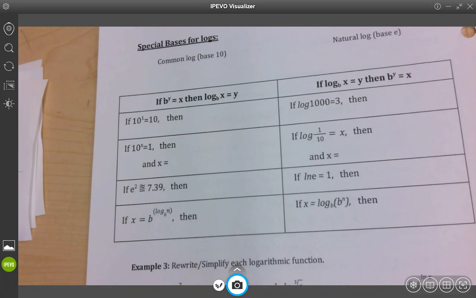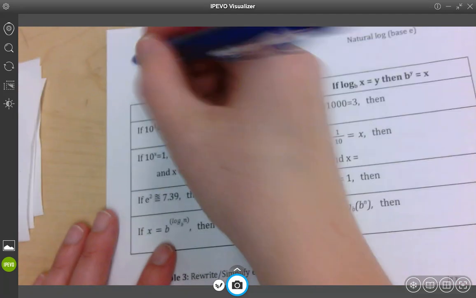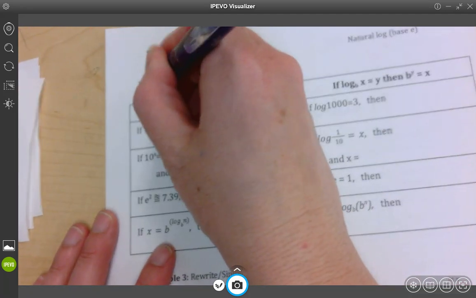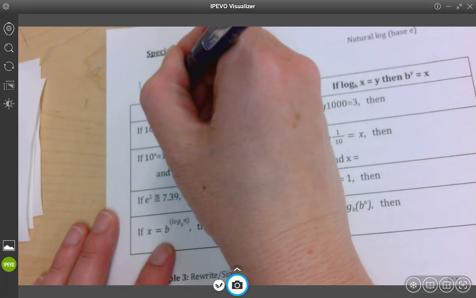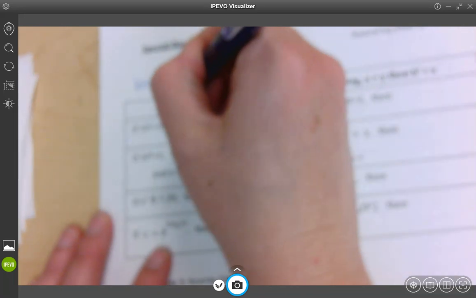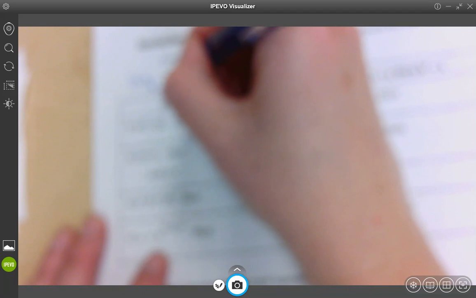If you have a scientific calculator and you see a button on it that just says log, that's log base 10. So if I just write log with no base, that means log base 10.